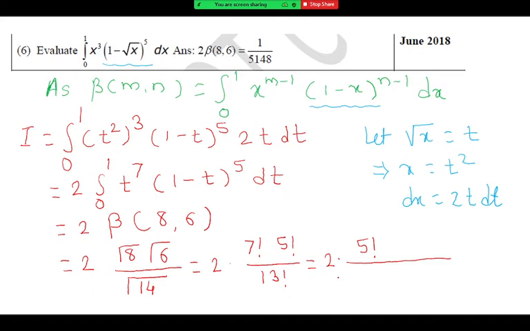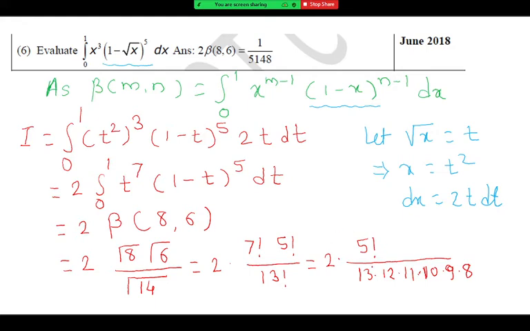Now that number is obviously 13 into 12 into 11 into 10 into 9 into 8. The 7 factorial already got cancelled.